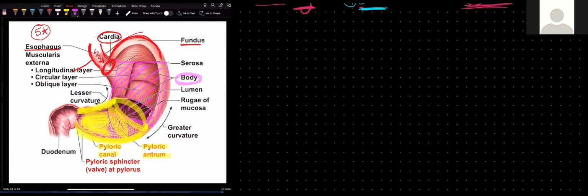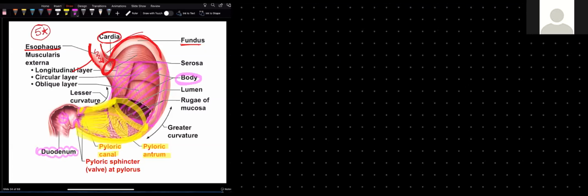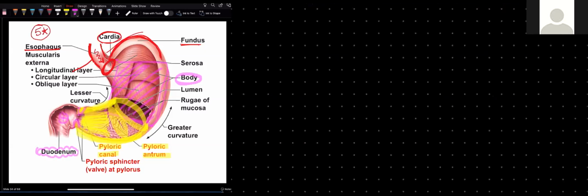And I have a muscle that regulates the passage of the food from my stomach to the proximal part of the small intestines. This is called the duodenum. All right, so we're looking here at again the different parts of the stomach. This is one of the most important diagrams for the digestive system.